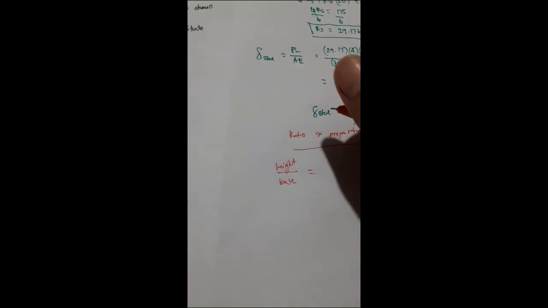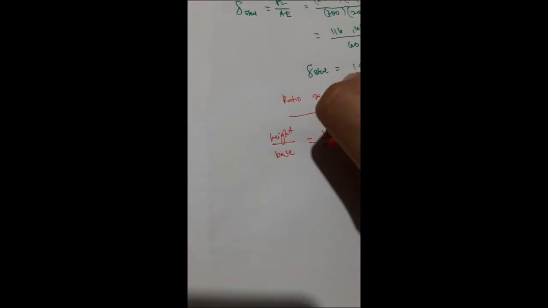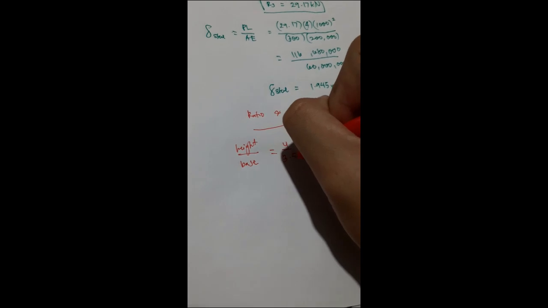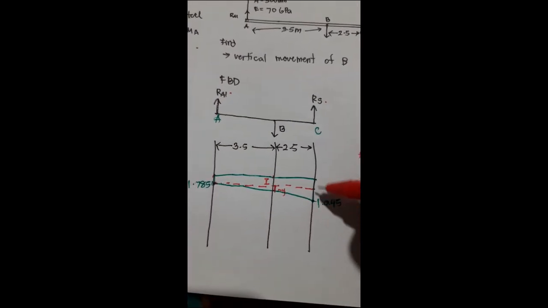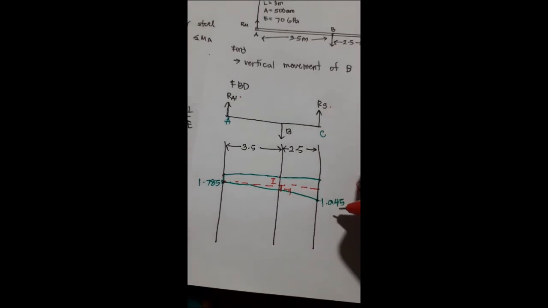So in this problem, we can denote that y here is the height, and the base here is 3.5, equal to the big triangle here, which is this portion here, 1.945, minus this portion here, 1.785.